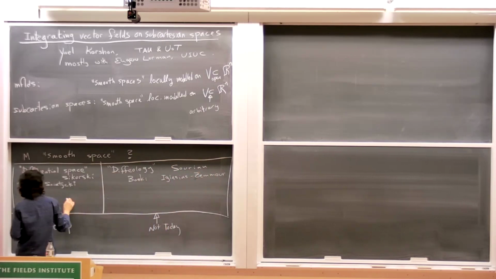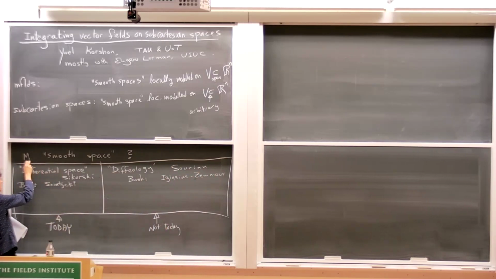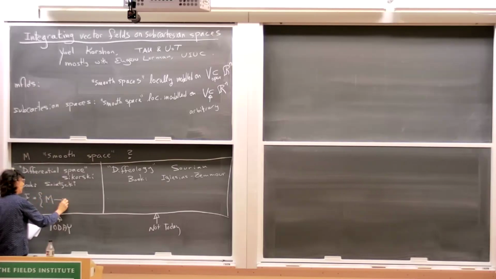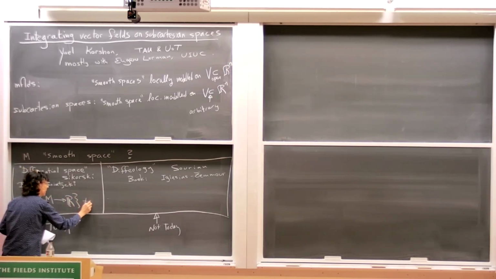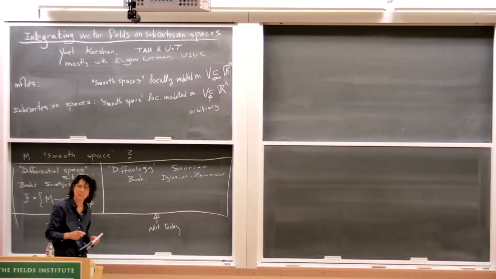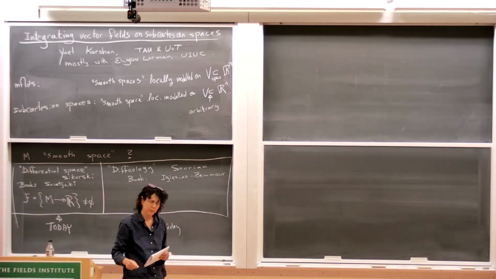A differential space is a set equipped with a collection of functions from the set to R. This collection is required to be non-empty and to satisfy three axioms that I will write in a moment.